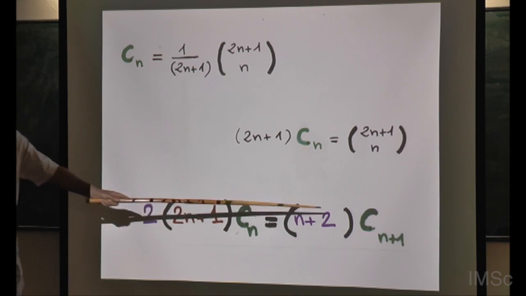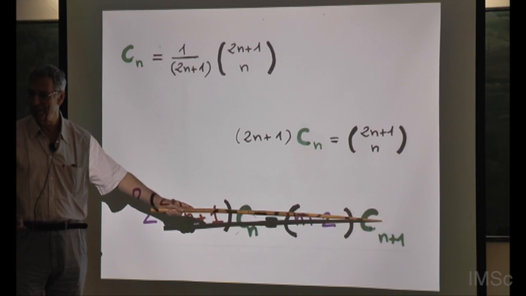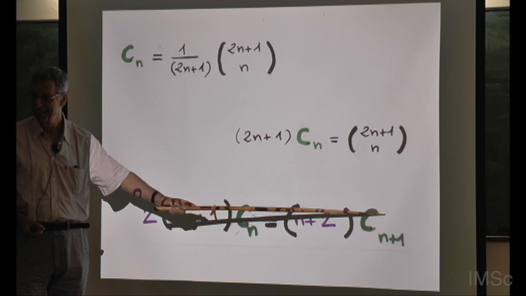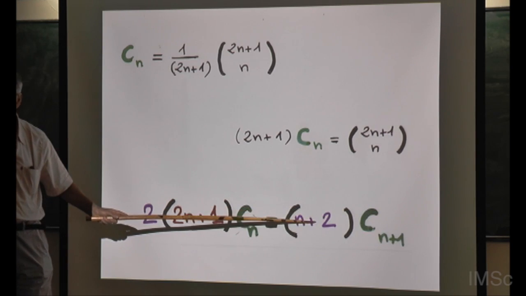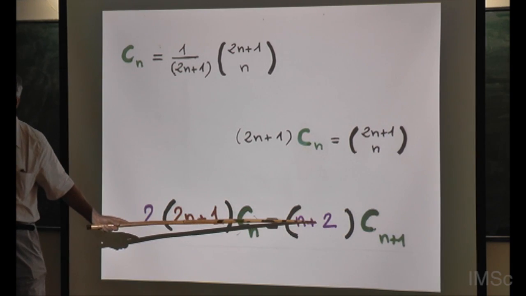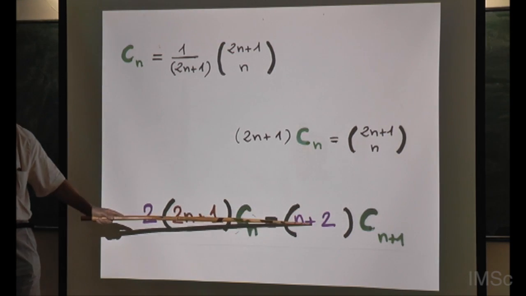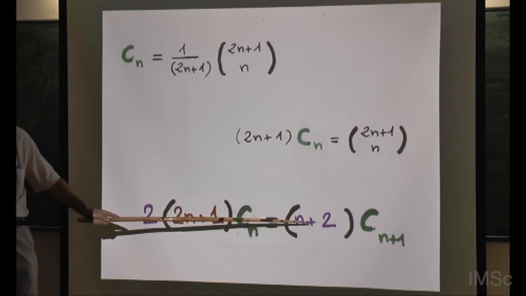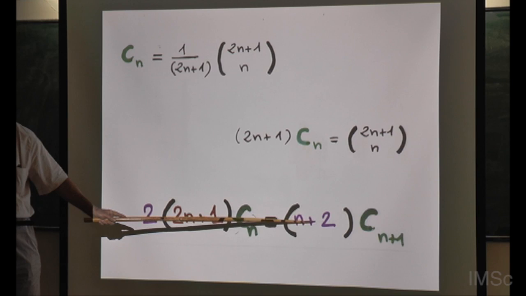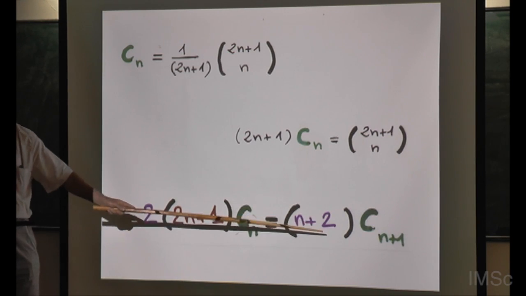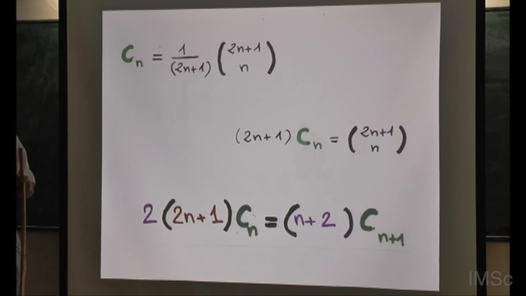And what you get is a binary tree with 1 more internal vertex, and n plus 2 is going to be the number of leaves, the number of external vertices of this one. So if you want to go backward here, you have to point at one of the external vertices. So with all that I have said, you should be able to try to find a bijective proof of this.